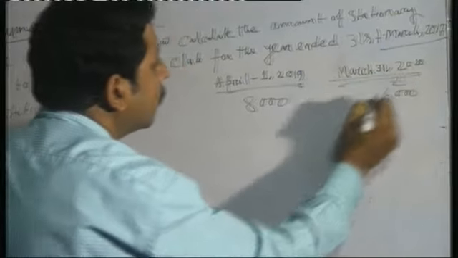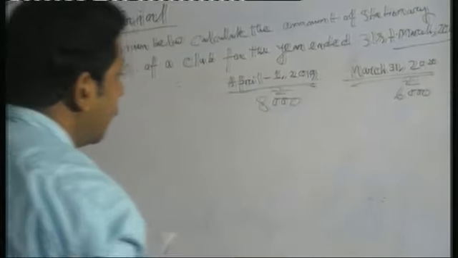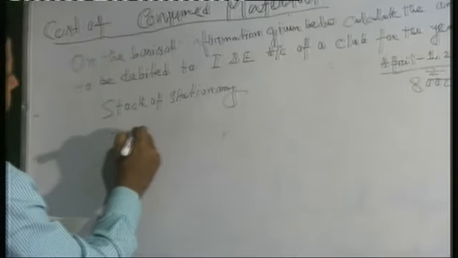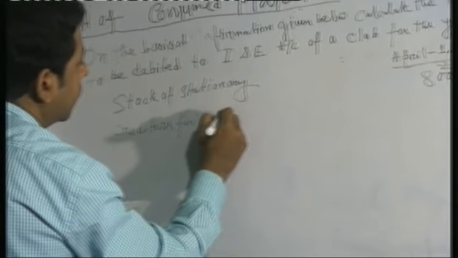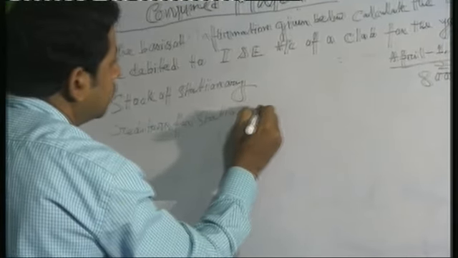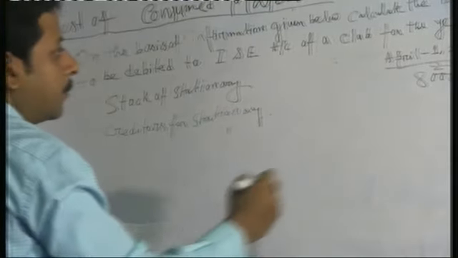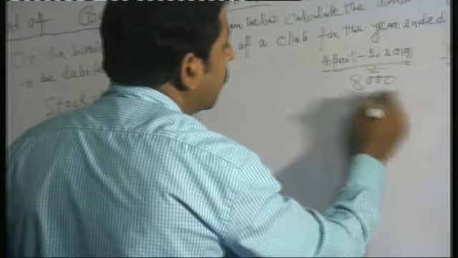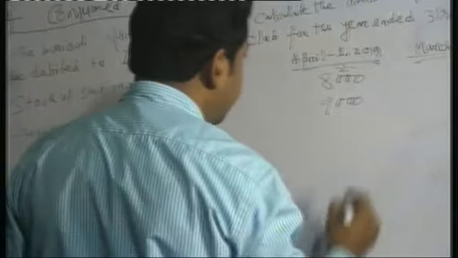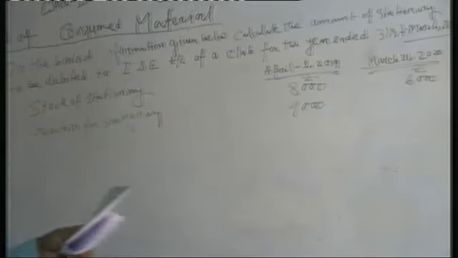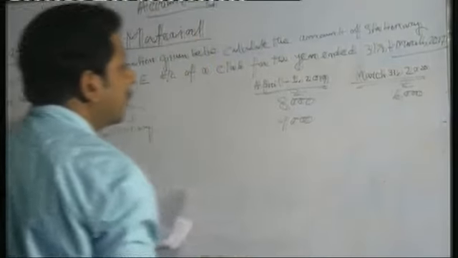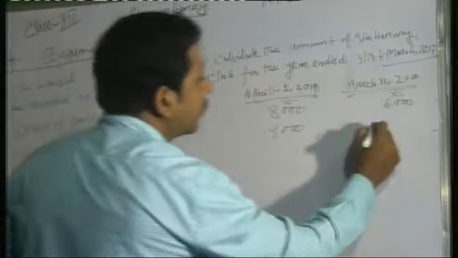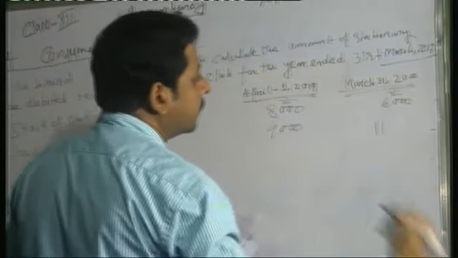All are measured in rupees. Creditors for stationery: on April 1, the value of creditors is 9,000. Actually, these are the balances: the opening balance of stock, closing balance of stock, opening balance of creditors, and closing balance of creditors.